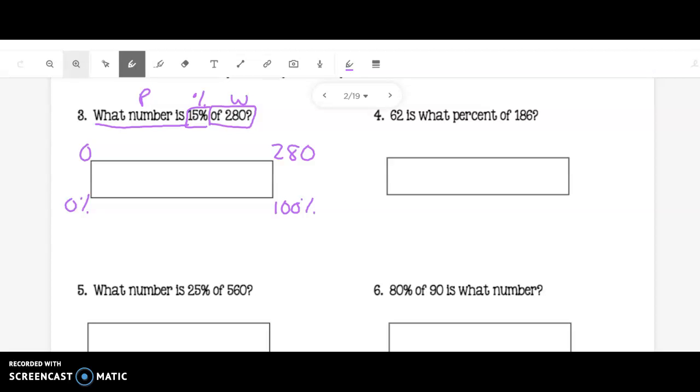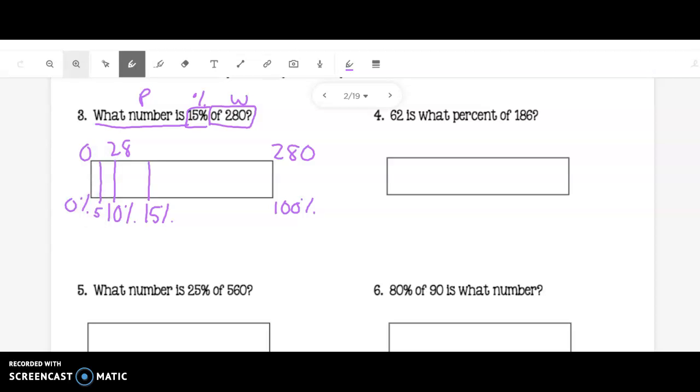Okay, so we need to get to 15%. So to get to 15%, let's go ahead and find 10%. So 10% of 280 would be 28 people. And I know that proportionally, I'm almost to the middle here, but 15% would be 10% plus another 5.